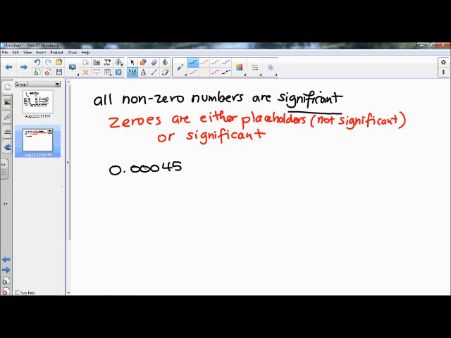For example, if I dropped these zeros off, just got rid of them, I would change the value of this measurement by a factor of 10. So they're important. However, only here do we start getting some idea about which number is certain and which number has the most uncertainty. On the other hand, look at these two measurements.